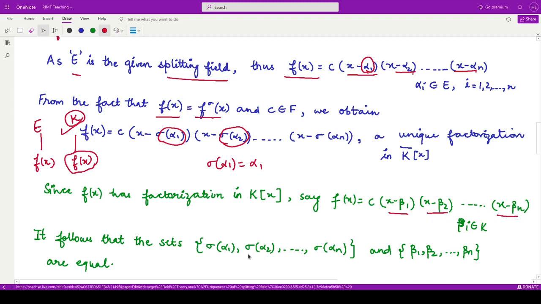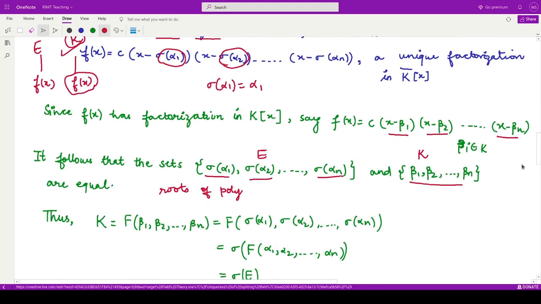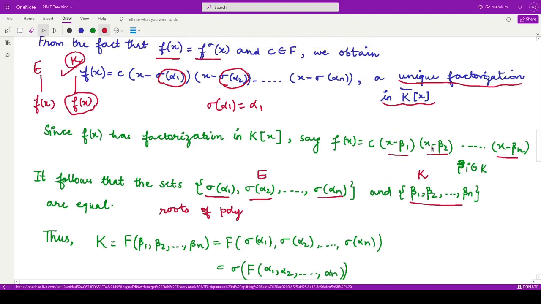That means the set of roots sigma alpha 1, sigma alpha 2 up to sigma alpha n, and the roots beta 1, beta 2 up to beta n, both form the roots of this polynomial. These are in E, these are in K. Moreover, they are equal because we have a unique factorization, so whatever is the root here would be the root here. So these two sets are identical.